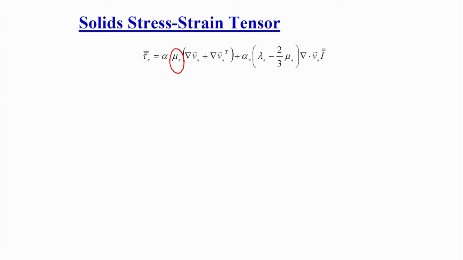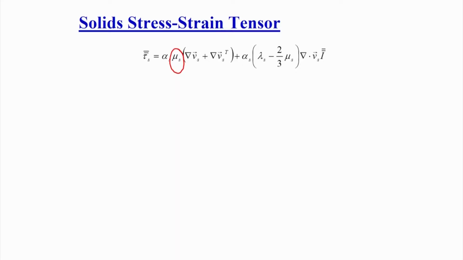So, it does not deform even for a very high strain rate. Either infinite viscosity or no viscosity, however you want to say it, but the major problem comes with the mu s. How could you define that? Dou Vs you can still find, because if there is a gradient in the velocity in the x and y directions, you will see that gradient. So, the only problem is the mu s.